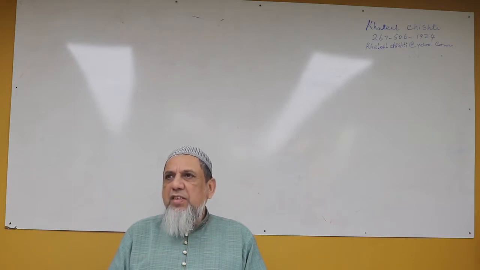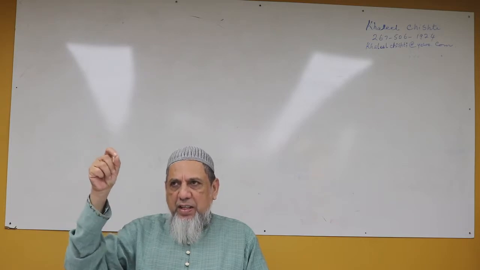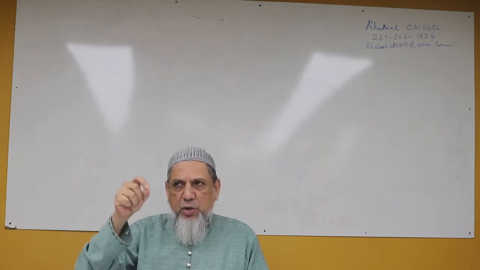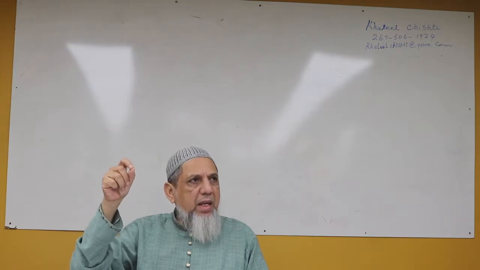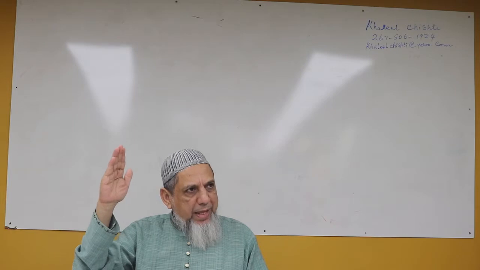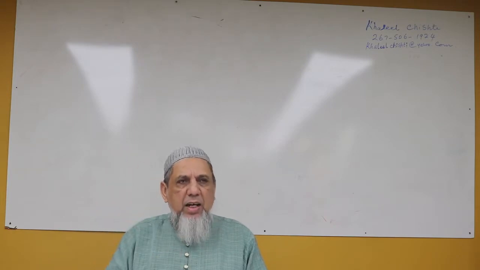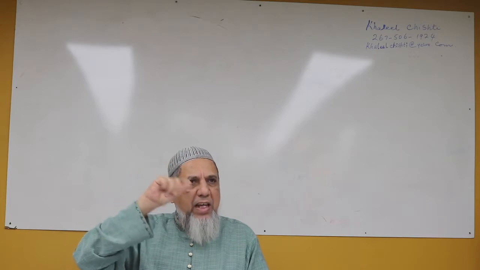So instead of writing ba with fatha and then placing a noon sakin, which becomes ban, you eliminate the noon sakin and place two fathas, fathatan.